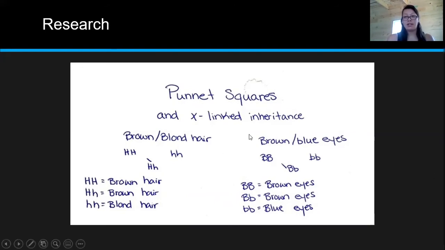And the same idea for eyes. So brown eyes are expressed as BB, and blue eyes are expressed as lowercase bb. And of course, the brown dominant and blue recessive are expressed as uppercase B and lowercase b.